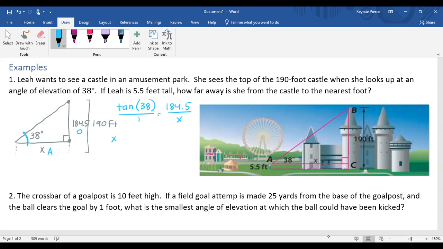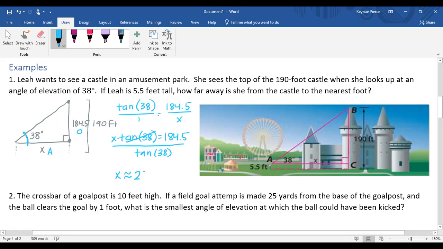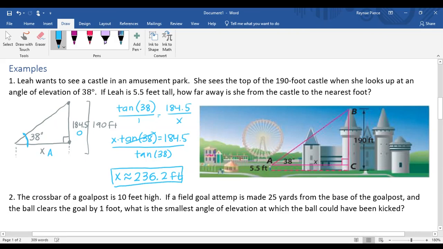Cross multiply. X times the tangent of 38 is 184.5. And then divide both sides by the tangent of 38, which means that Leah is about 236.2 feet away. And if we're going to follow directions, answering 236 feet will do.